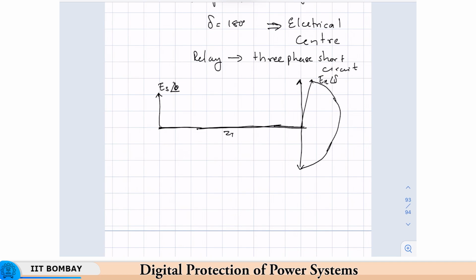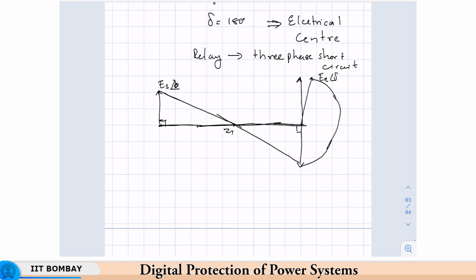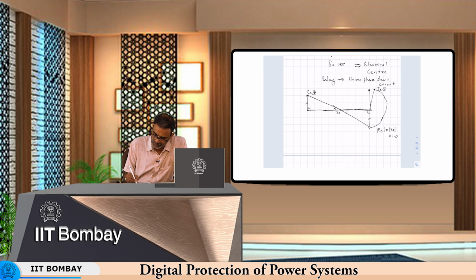And if you join these two, you will see, using some geometry here, that the magnitude of, we have assumed that Es equals Er, that assumption still holds, and this side is equal, this angle is equal, this angle is 90 degrees, it is equal, and this angle is also equal.